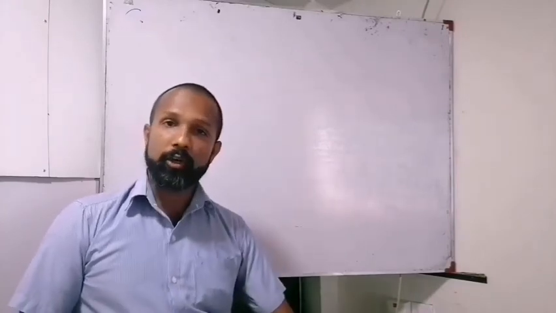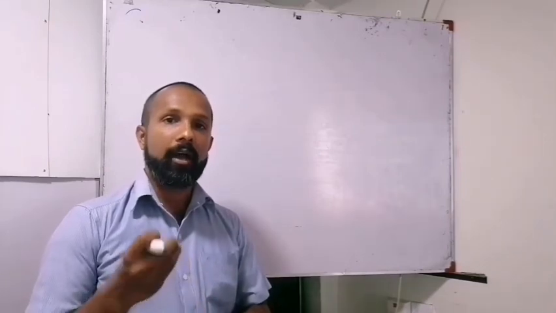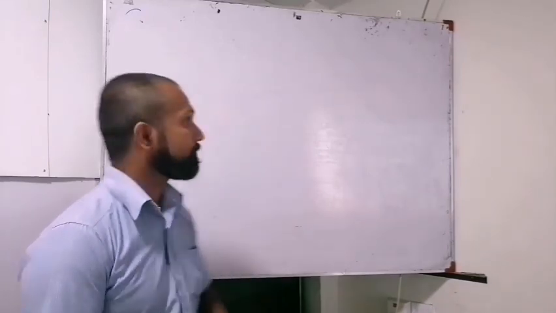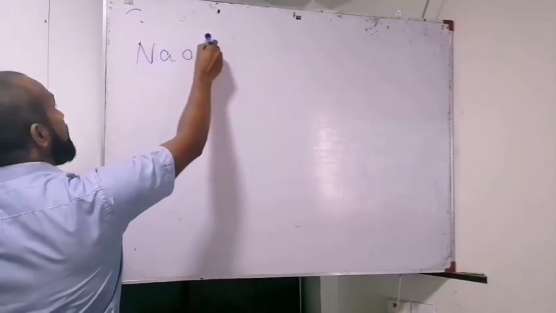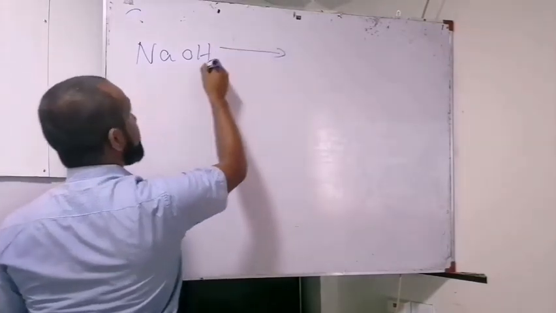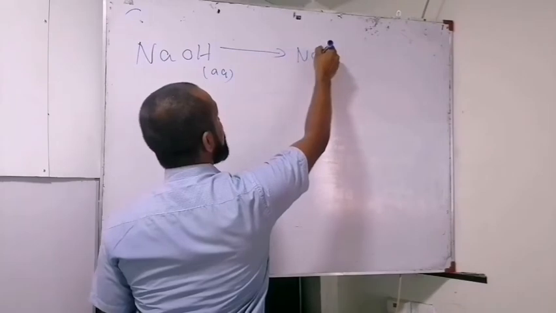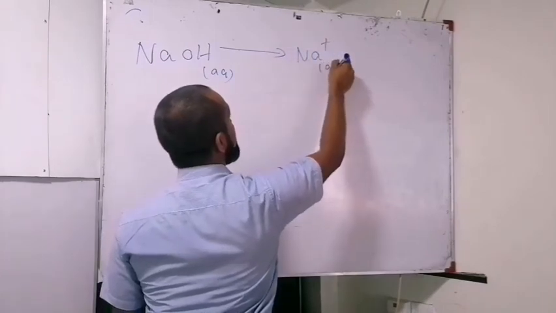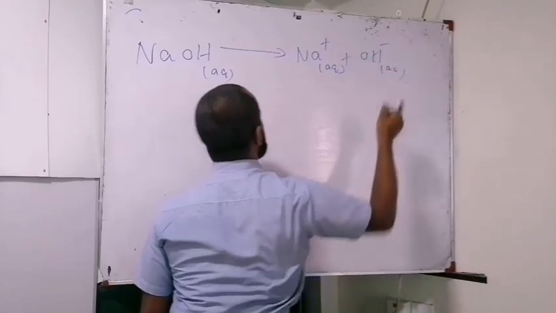Right. I'll show you some examples of strong bases and how they ionize in an aqueous medium. Sodium hydroxide in an aqueous medium dissociates into Na+ (aq) and OH- (aq).